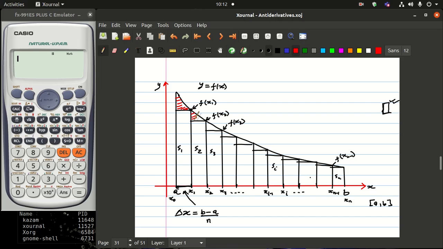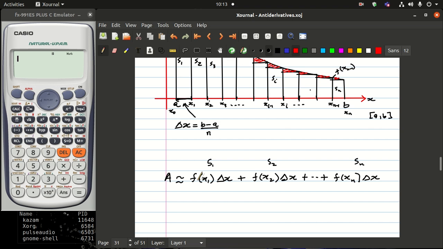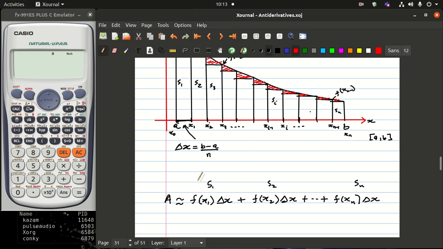We did not consider this part here, so we have some error there. So it's not the exact area, it is an approximation.